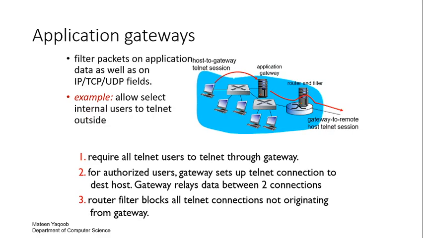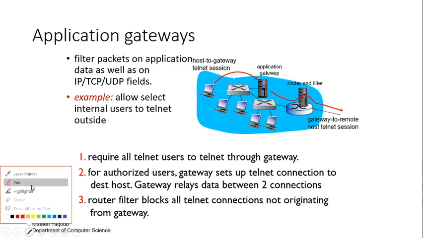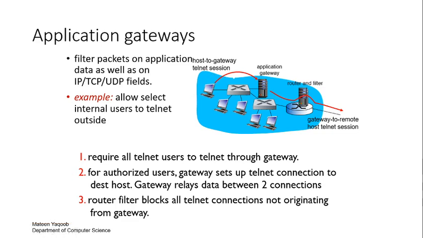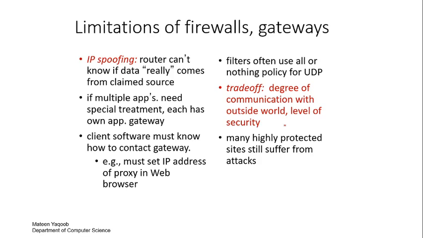So you can see the host first sends the telnet session request to the application gateway, and then the application gateway makes the connection on behalf of that user to the outside world, with the packets going through the router filter.